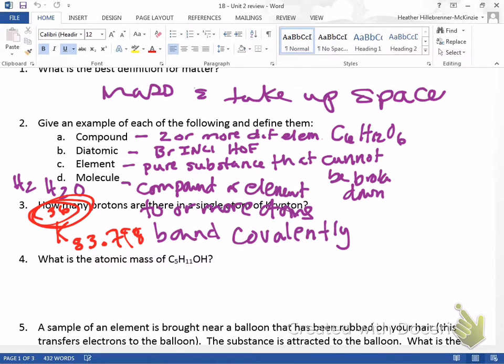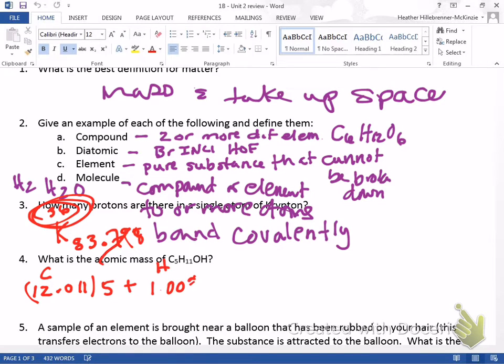What is the atomic mass of C5H11OH? So we would say that carbon has a mass of 12.011. How many do we have? 5. Plus my hydrogen, which has a mass of 1.008.